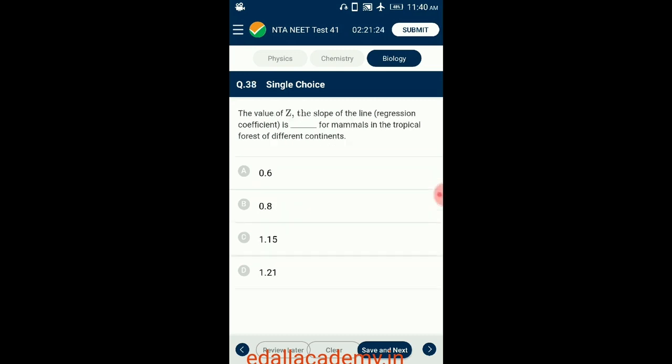Question number 38. The value of z, the slope of the line, the regression coefficient, is dash for mammals in the tropical forest of different continents. Alexander von Humboldt derived the species area relationship and observed that within a region, species richness increased with the increasing explored area, but only up to a limit.